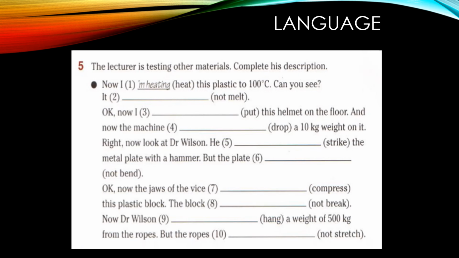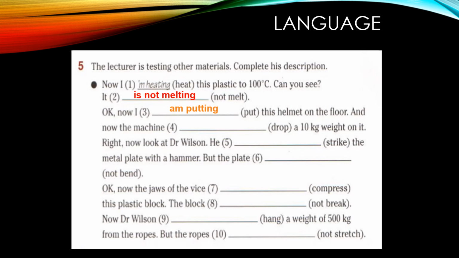It not melt. So the answer should be is not melting. Okay, now I put this helmet on the floor. The answer is I am putting. Please pause the video for 3 or 4 minutes, answer the rest of the question, then come back to check the answers.